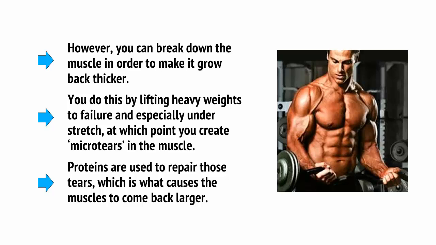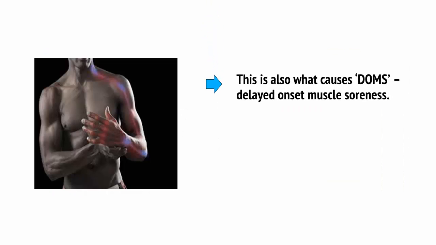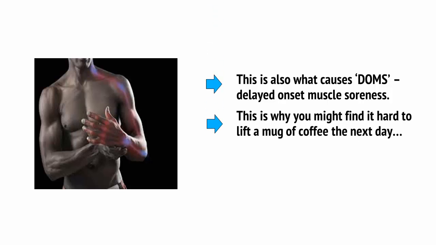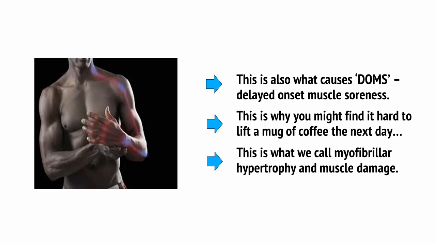Proteins are then used to repair those tears, which is what causes the muscles to come back larger. This is what also causes DOMS, delayed onset muscle soreness, and that's why you might find it hard to lift a mug of coffee the next day. This is what we call myofibrillar hypertrophy and muscle damage.